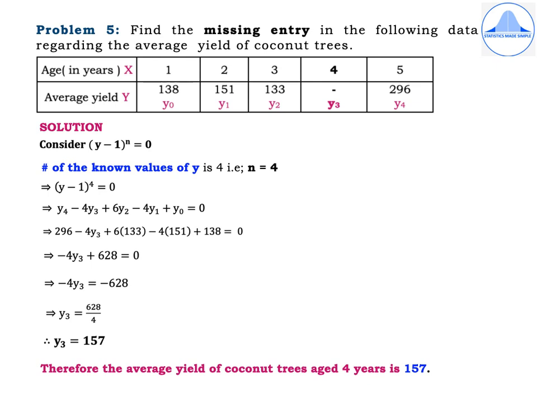The minus signs get cancelled on both the sides and you get y3 equal to 628 divided by 4. Therefore, y3 is equal to 157, and in words you can write the average yield of coconut trees aged 4 years is 157.